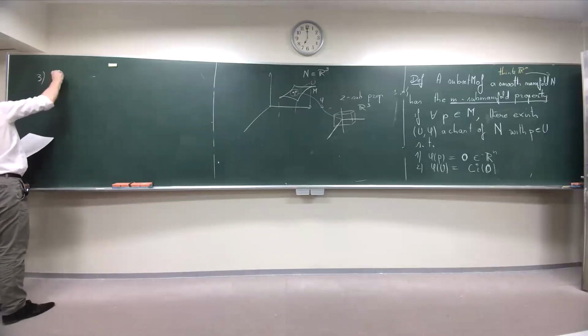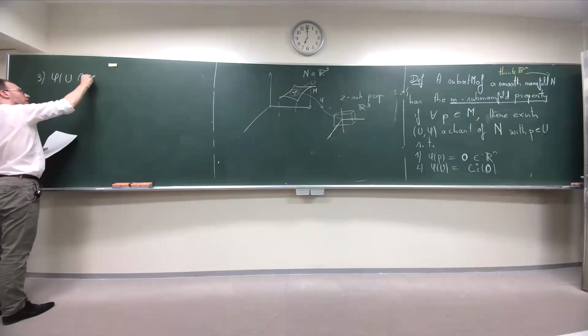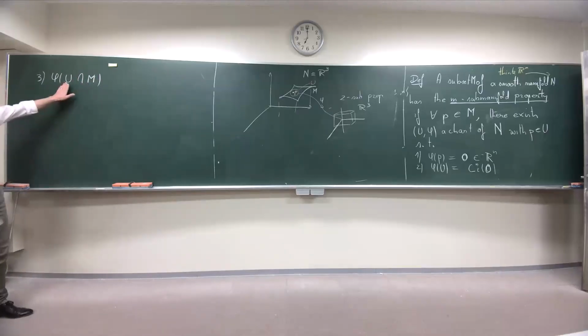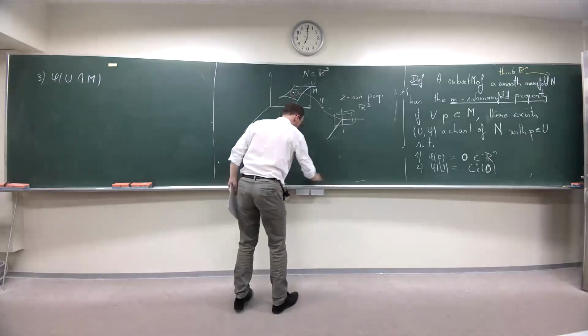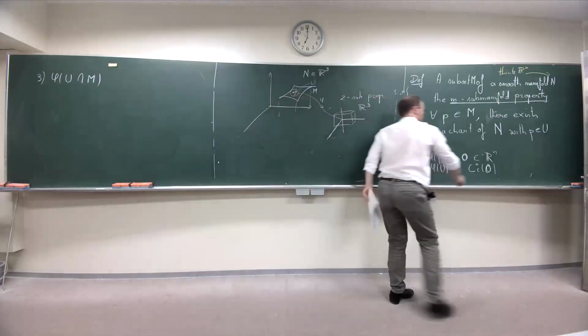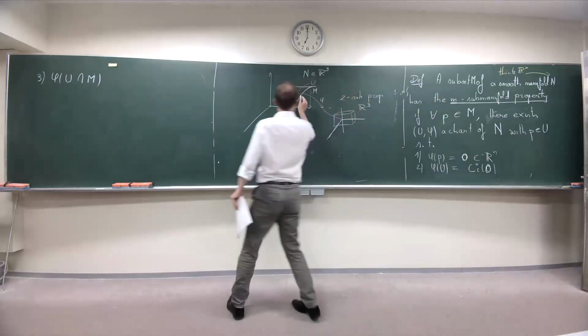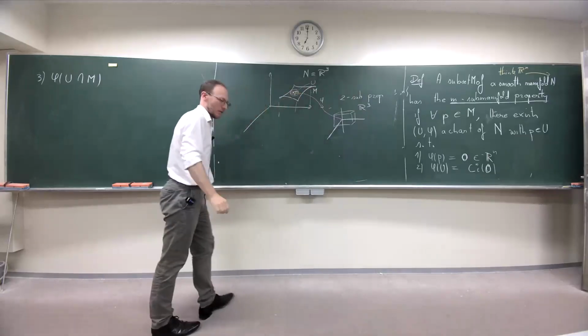If I take phi of U intersection with M, so now M plays a role. Think about it. U is something in 3 dimensions. Intersection with, on this picture, M is 2 dimensions. So the intersection is going to be the intersection of the ball and of the surface. It's going to be something on the surface, right?